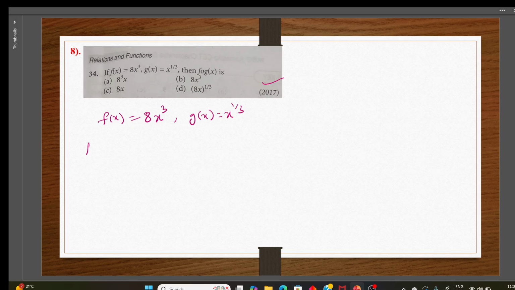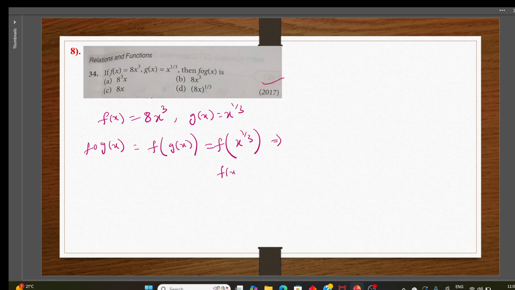So f of g of x means g of x is x to the power of 1 by 3, and this is now considered as the input of f.